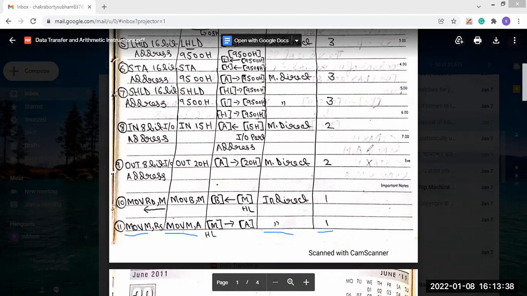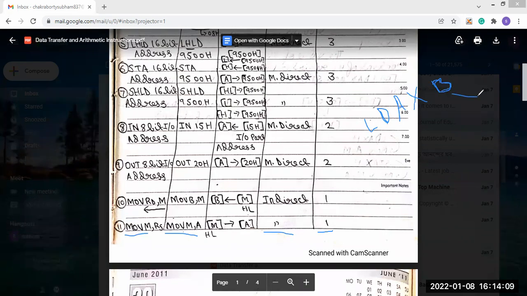Now the next is LDAX. It takes a register pair. Let's say this is LDAX B, where the B register is mentioned.